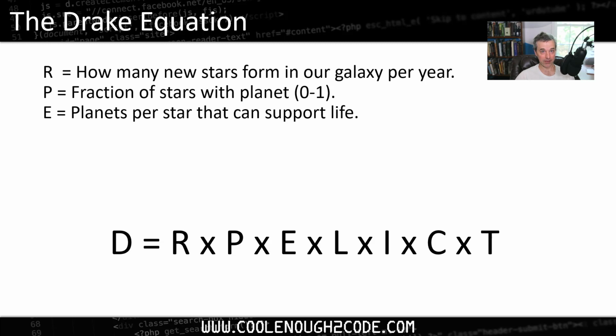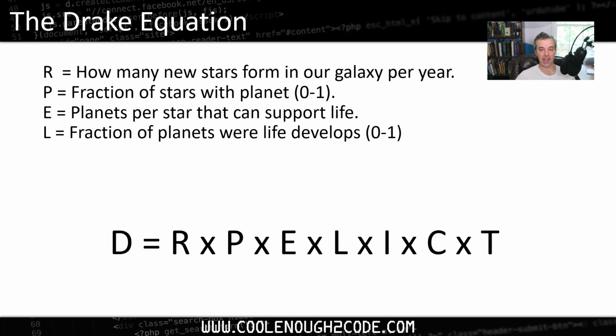Now, we can at least assume one, so that's a fairly safe assumption. Two might be more on the generous side, but for most accepted values, one is a safe assumption here. The next value of L is the number of planets that actually develop life that could potentially develop life. So this is a value between 0 and 1.